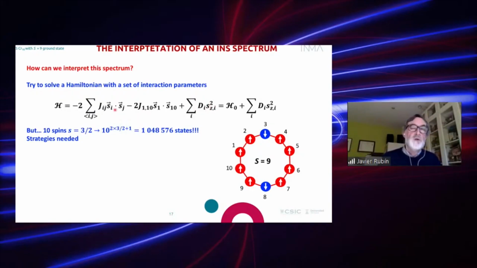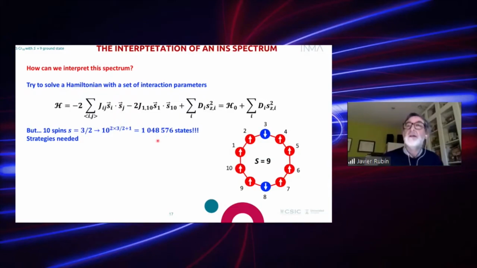But if we want to solve this Hamiltonian with spin 3½ for each chromium spin, then we have more than 1 million states.